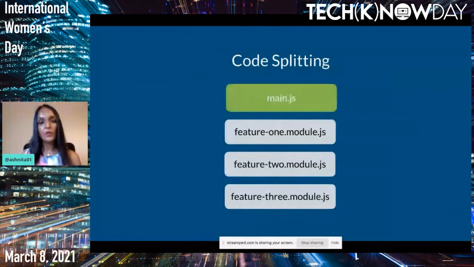But using code splitting, which is a technique made possible using bundlers like Webpack, we can make sure that the main JS, the main application bundle, only has the code for the main page.